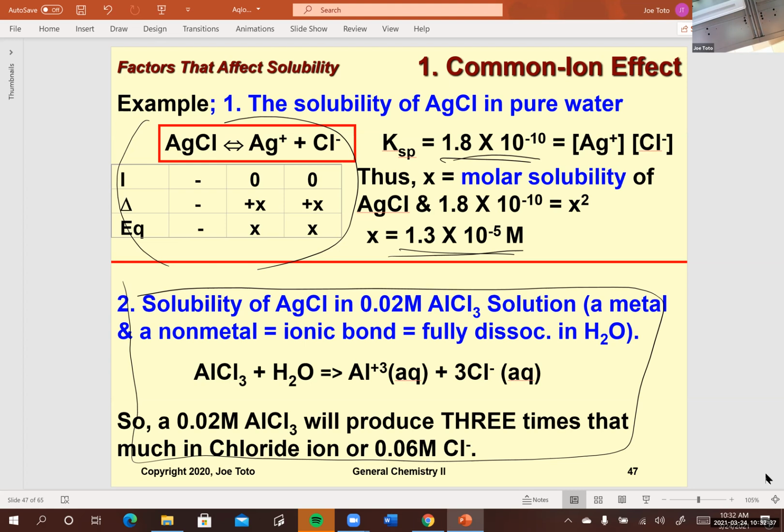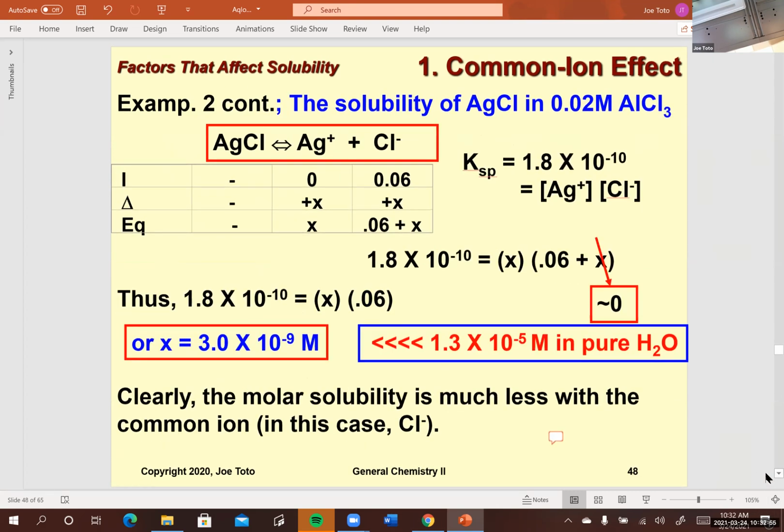All right, it's going to be in 0.02 molar aluminum chloride. That gives rise to 3 chlorides per 1 mole, so it's 0.06 molar chloride. That changes our ice table to look like this, where we have initially another source of chloride.